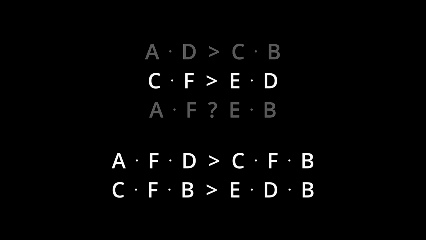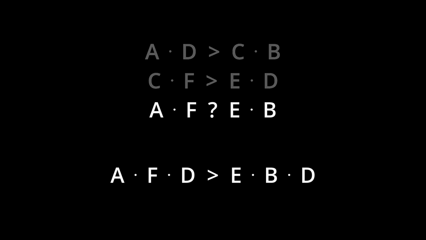I know that the latter is more than D times E times B, which is equal to B times E times D. Putting this all together, I know that A times F times D is more than B times E times D. So I can say that A times F is in fact more than B times E.